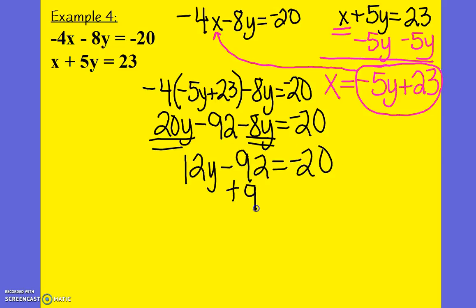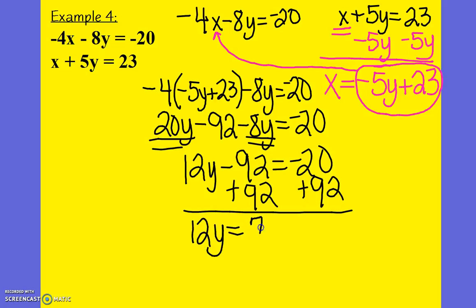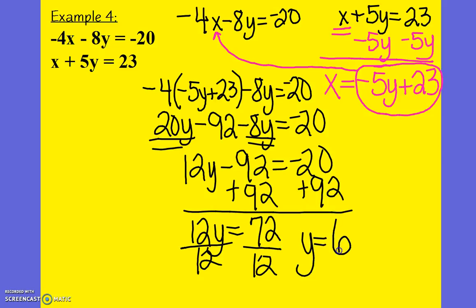We're going to add 92 to both sides. You're going to get 12y equals a positive 72. Divide by 12, and we get y is equal to 6. So now, I know that my y is equal to 6. I'm going to take this 6 and substitute it here to get the value of x.